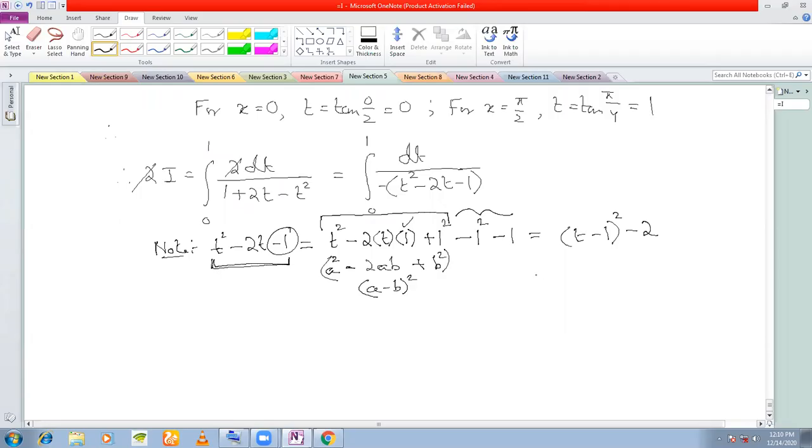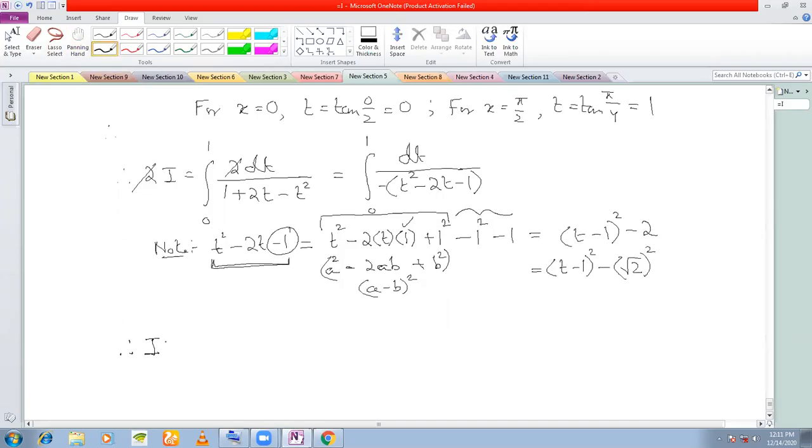I can write this, right? So now what we do here is t minus 1 whole square, because there's a 2, I want to express it as a square. I write 2 as root 2 square. So now, therefore, what does this integral become?